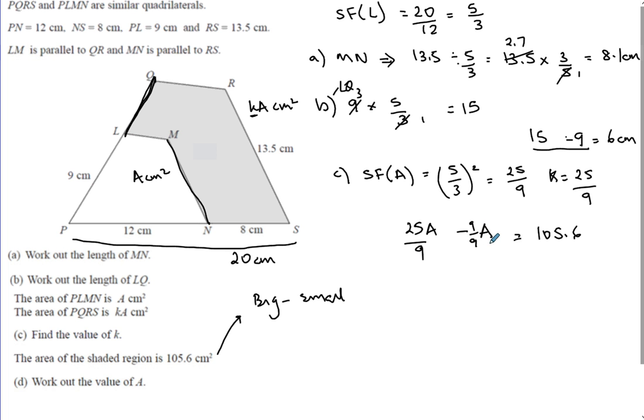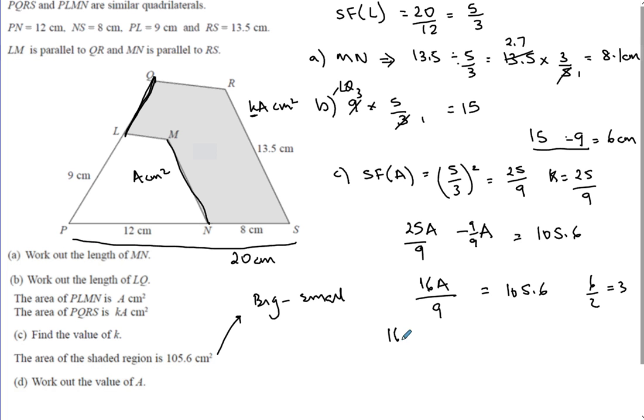Yeah, putting it with the same denominator. So 25 minus 9 is 16A/9. Yeah, or 16/9 A is equal to 105.6. We're using the same format as 6 divided by 2 equals 3. We can cross multiply.